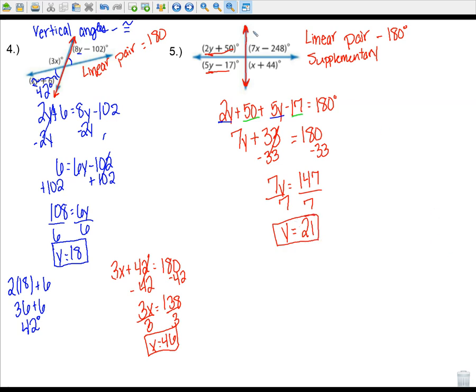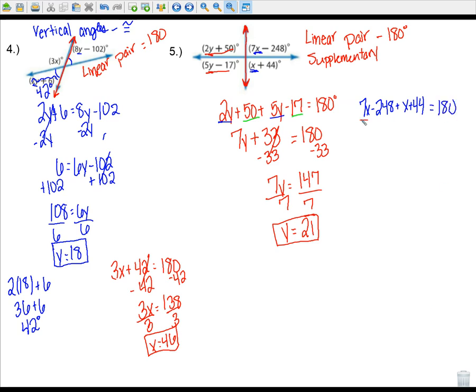Okay, so we did this for our y's. We said, hey, these two y's come together to make a linear pair. They are supplementary. They add up to 180. Then our x's. We're going to do the same exact thing for our x's. So we're going to say 7x minus 248 plus our other angle here, x plus 44, is equal to 180.